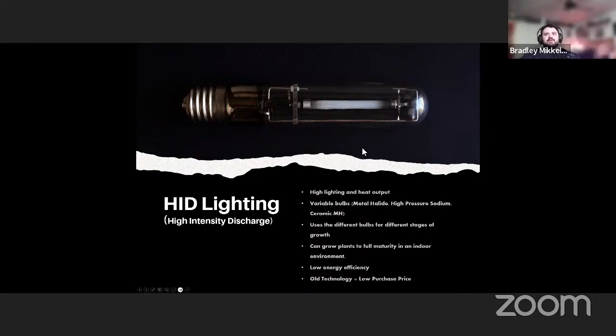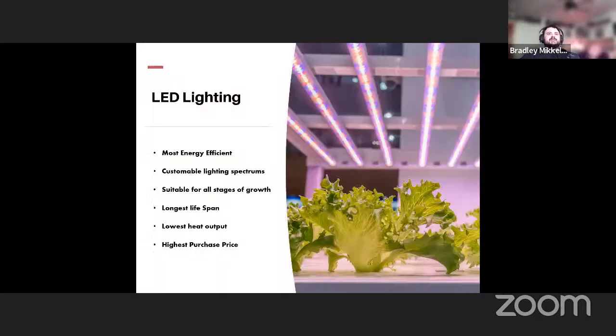So this is kind of the old technology, and over the last 5, 10 years, we've really kind of moved into LED lighting, and LED lighting has become the foundation for most lighting in general all around the planet, and this is because of its high energy efficiency. You are going to get 5 times the amount of light per watt of energy consumed, maybe not that much.